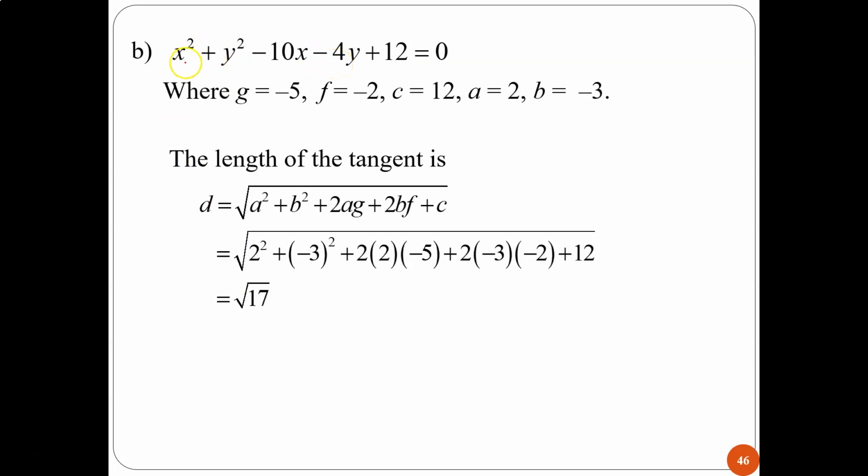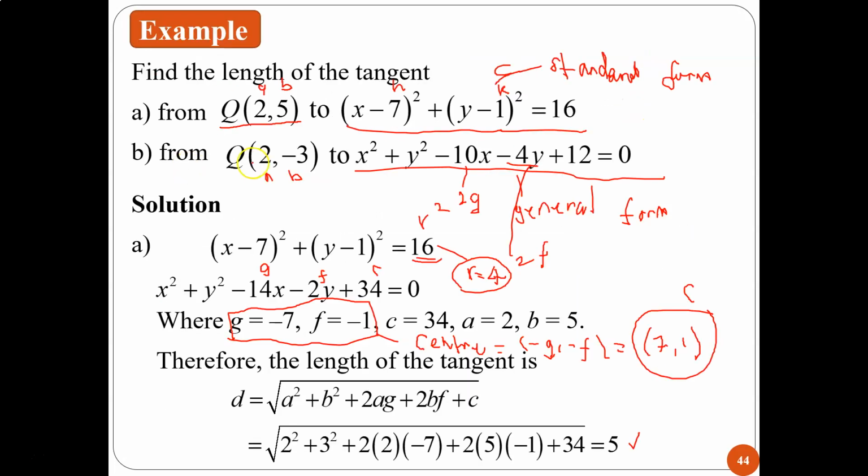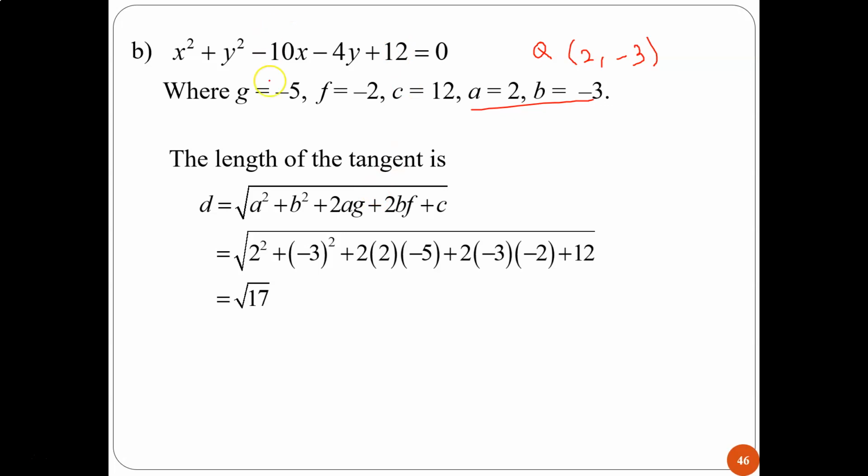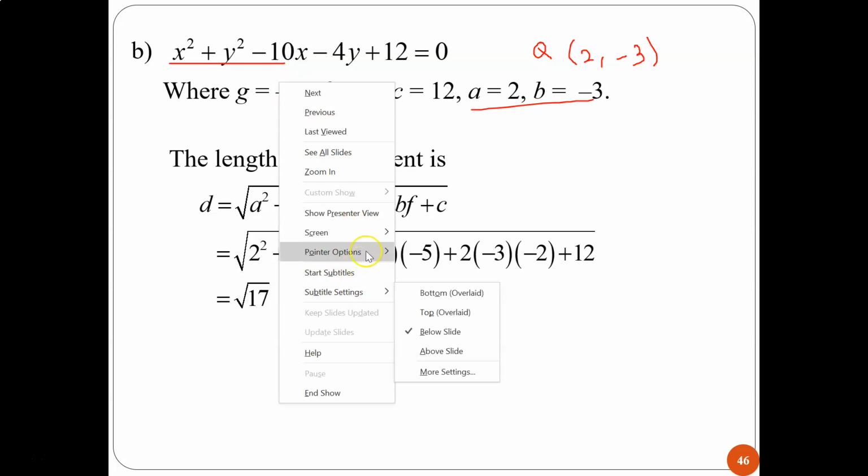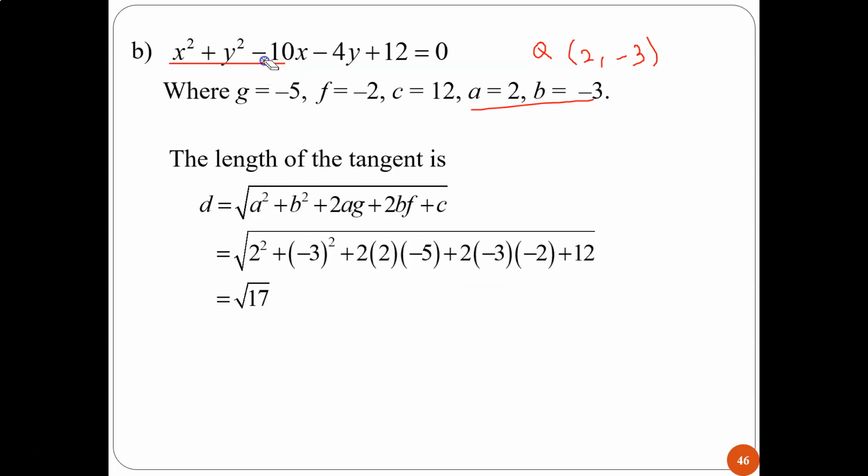So this is for equation B. Just now, you have this and you have points. What is the point just now? Point Q. Q equal to 2, negative 3. So you just substitute it into this equation.